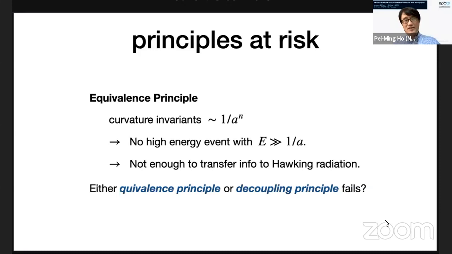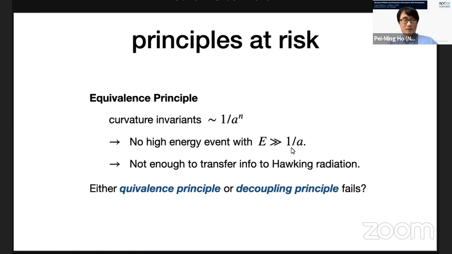Now, if you are floating in Minkowski space and you look at a vacuum, there would not be high energy particles popping out of the vacuum. So similarly, if you are free falling, you should not expect the vacuum to pop out high energy particles, at least not beyond this characteristic length scale.